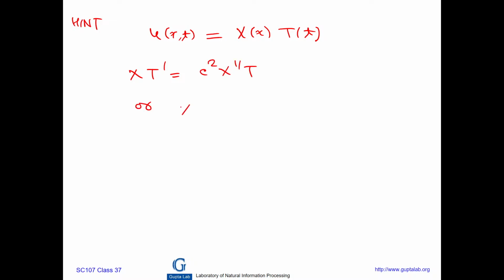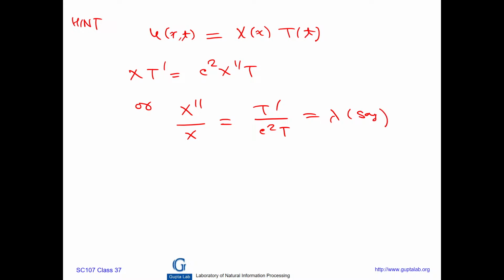So what you can do, I am not solving it now, but I am giving you a hint. Okay, this is just a hint, or do it at your own time problem. So u(x,t) solution is product of two functions. This will give us X T prime is equal to c square X double prime T, or X double prime divided by X is equal to T prime divided by c square times T is equal to, say, lambda constant, right?